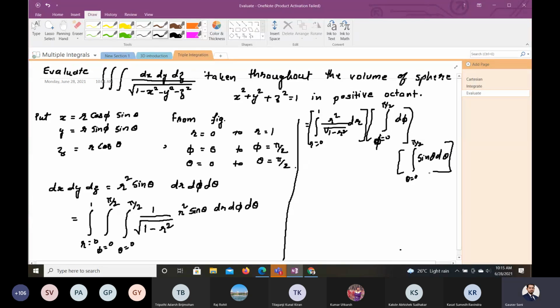This is the property that we have seen. First bracket, I will leave it for you to think how we can find the integration. The second one is pi by 2. Third one is minus cos theta, 0 to pi by 2. So the answer there is 1.